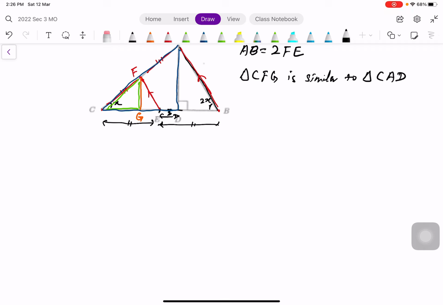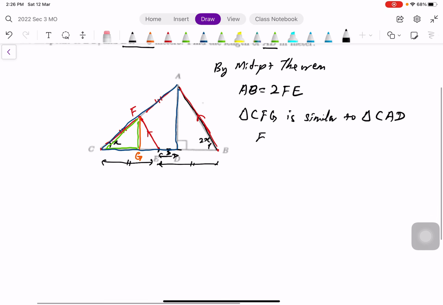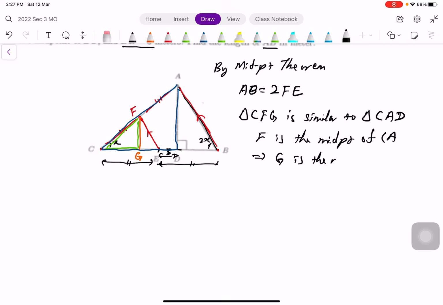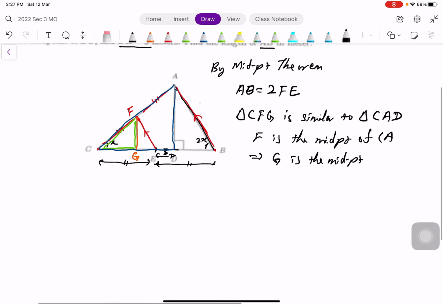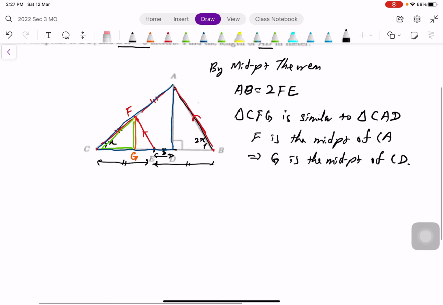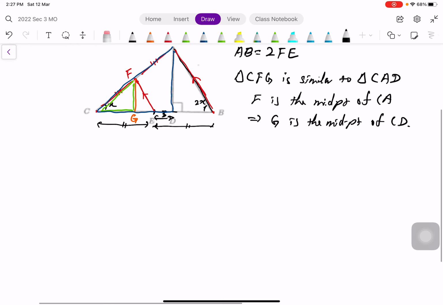Again, can you see that because F is the midpoint of CA, therefore this implies what? This implies that G is the midpoint of CD. Therefore this implies your CG is equal to GD.